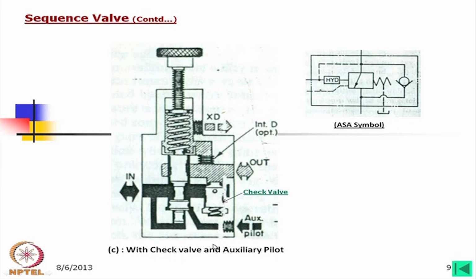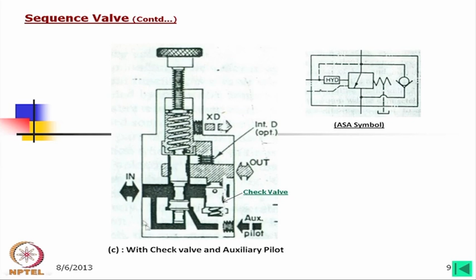Wherever this pilot is there, whether it is a pressure relief valve or any pressure regulating valve, this works on the principle of differential pressure. Differential pressure means better balance of the main spool is possible, and this will remain stable for a longer time.